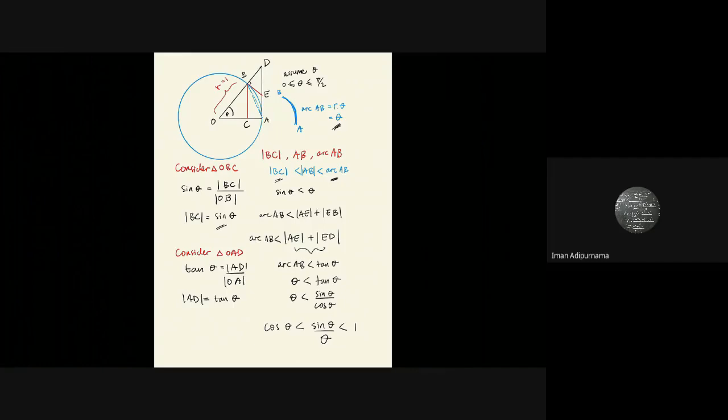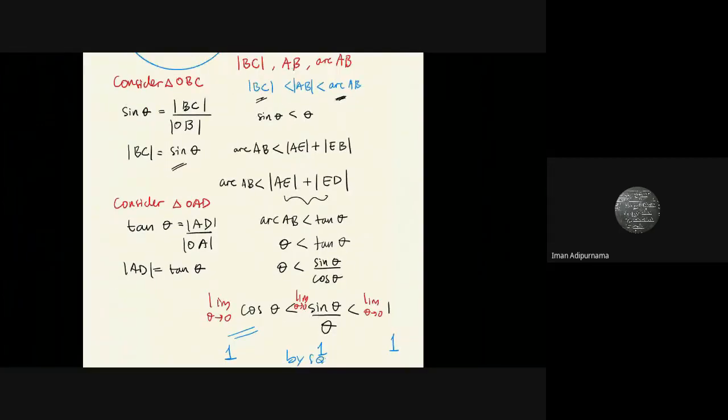Okay, and then input all the limit values. Because this is 1, and it's also 1 from the constant, so based on the Squeeze theorem, this is also 1 by the Squeeze theorem.